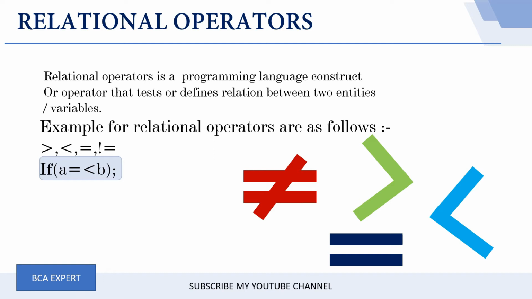As shown here, if a is less than or equal to b, then a particular code segment will be executed. This condition will be true only if a is less than or equal to b, followed by the relational operators.